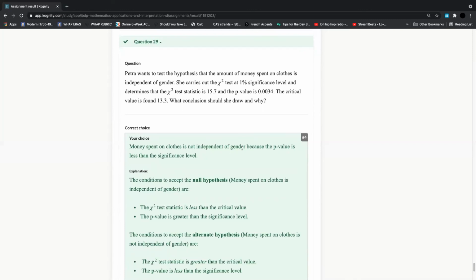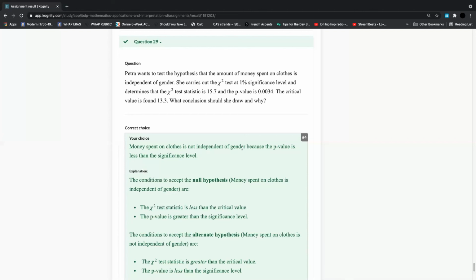I would always convert the percentages to decimals, because sometimes, like with 5%, you could think you're working with the number 5, which is incorrect. Okay, and the p-value is 0.0034. I would also write that down on scratch paper during a test. So we have the p-value 0.0034, which is less than 0.01, sorry.